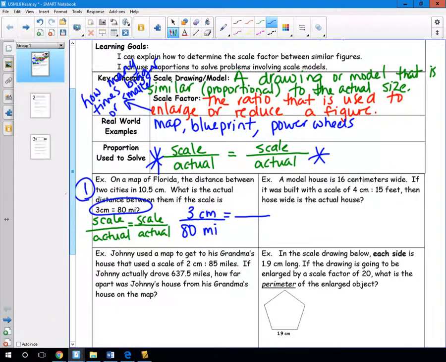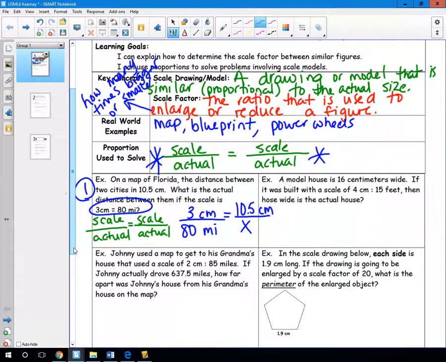And it's saying the distance between two cities is 10.5 centimeters. So we want to know the actual distance. So where's that 10.5 centimeters going to go? That's right, it's going to go on the top, 10.5 centimeters. And I don't know how far apart they are in real life, so I'm going to put an X there.